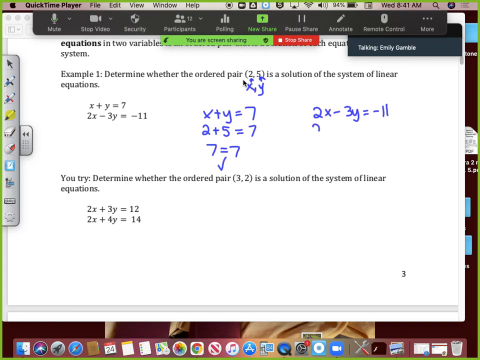This is going to be 2 times 2, minus 3 times 5. Well, 2 times 2 is 4, 3 times 5 is 15, and 4 minus 15 is negative 11. So this one works as well. Since both of the equations work, that means that (2, 5) is a solution.